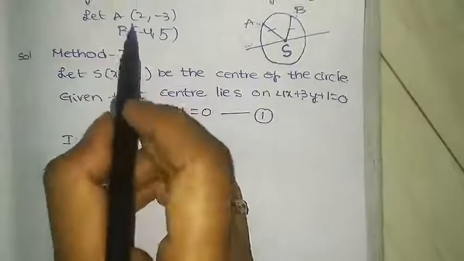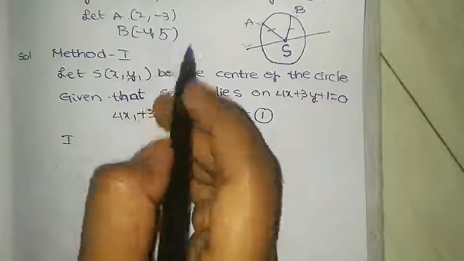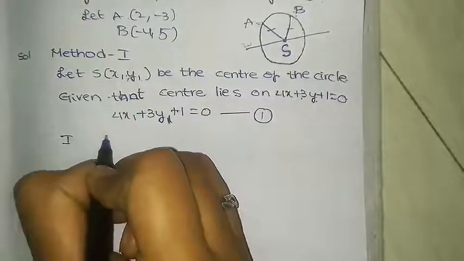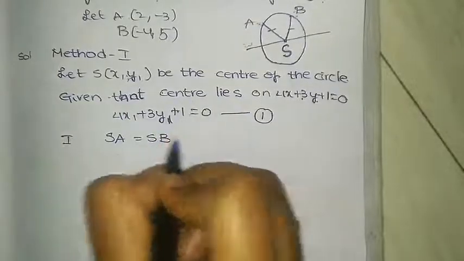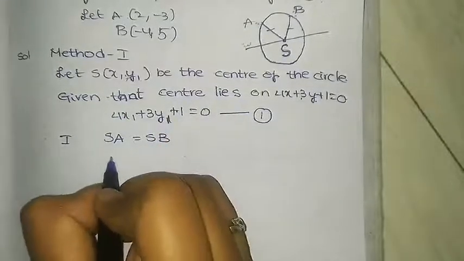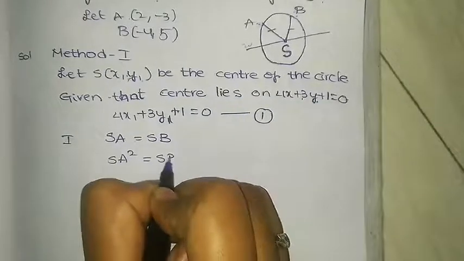Given that A is (2, -3) and B is (-4, -5), we can take SA equal to SB because the radii are equal. Now squaring on both sides, SA square is equal to SB square.